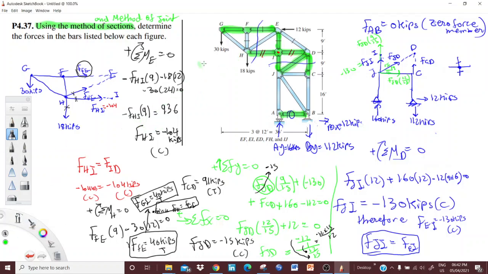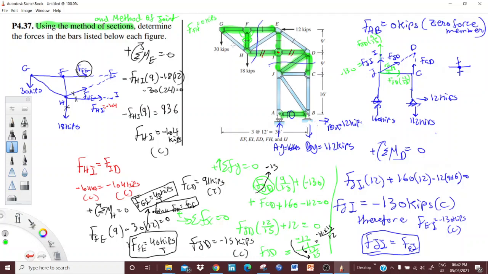It is a zero force member, so we get rid of it. You can see it's a zero force member since it is 180 degrees, a member without any external load on it. So FH is equal to 0 kips.